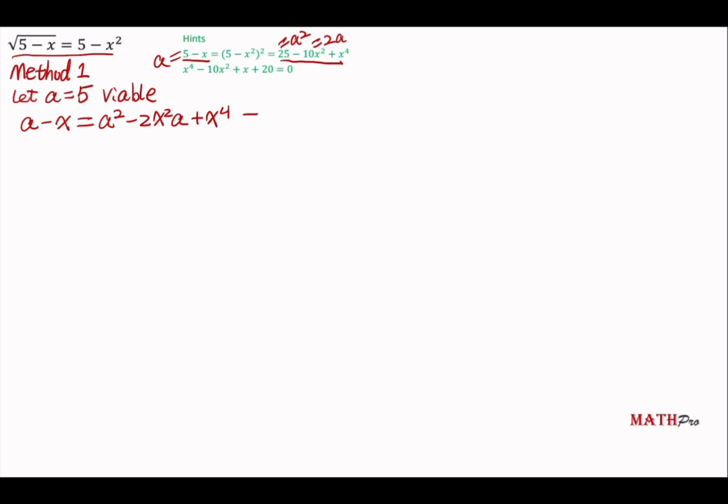And then the equation can be organized as a squared minus (2x squared plus 1) times a plus x to the fourth power plus x equals 0.